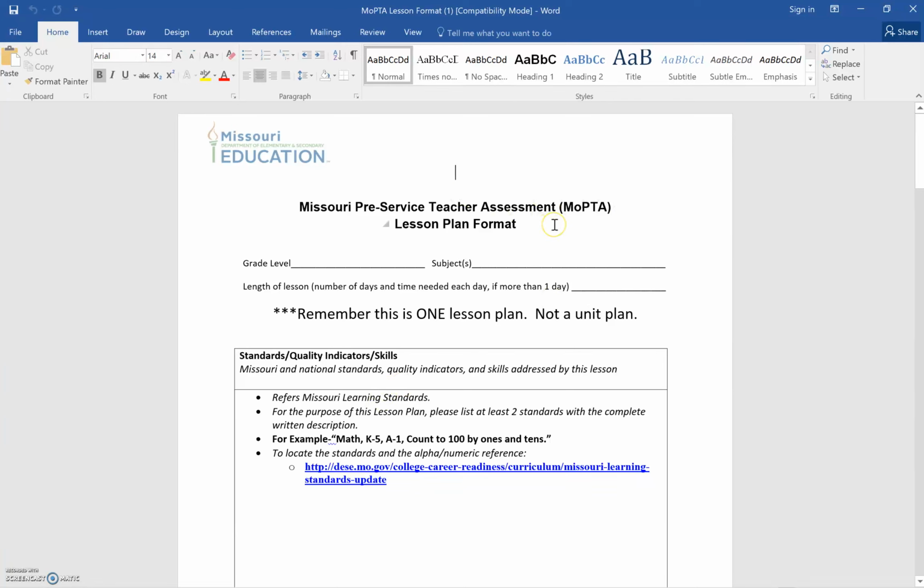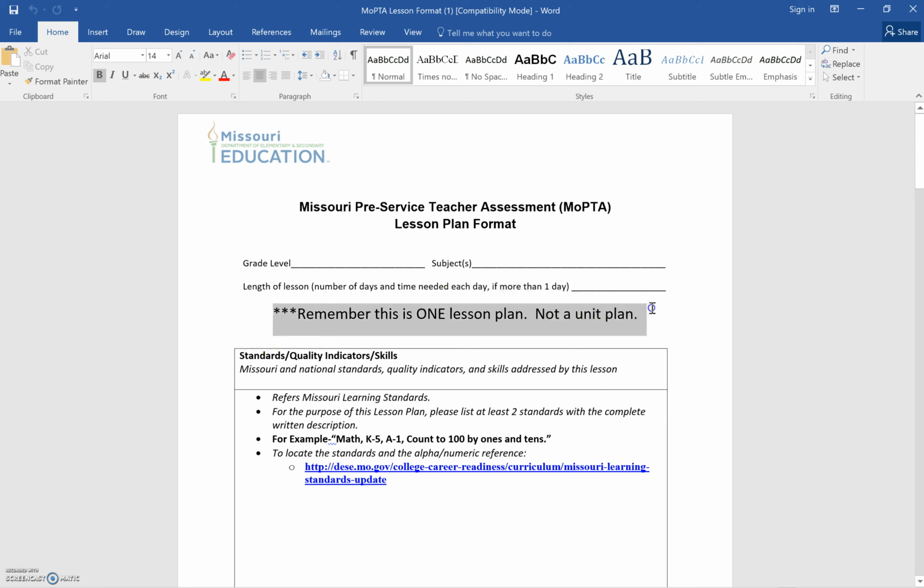In this section, you're going to download this template, and then you're going to delete out a lot of the information that I have added in here because it's just to guide you in putting your information together. For example, here you're going to put in the grade level, the subject, and the length of the lesson, but this is my directions where it says this is one lesson plan, not a unit.